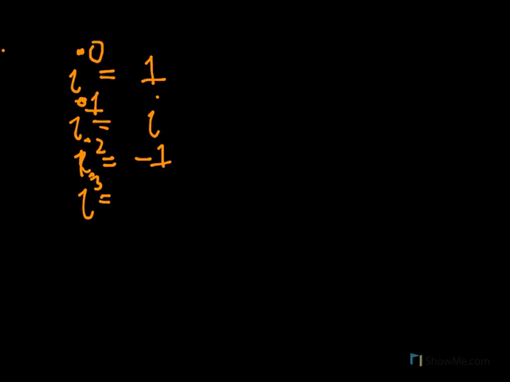What is i cube? i cube is i squared times i, which is equal to minus 1 times i, which is equal to minus i.